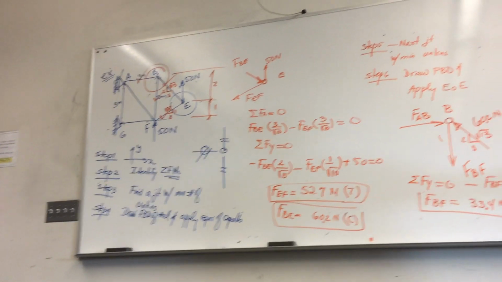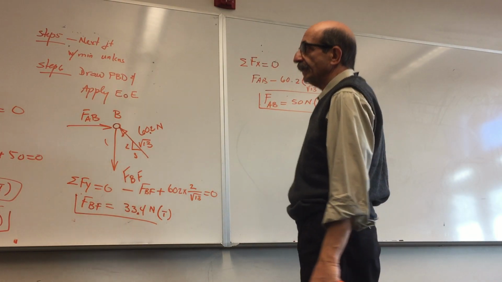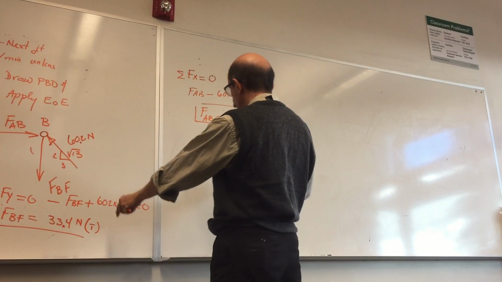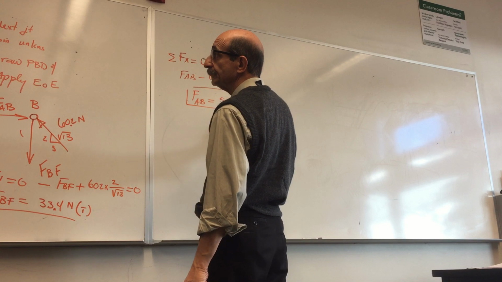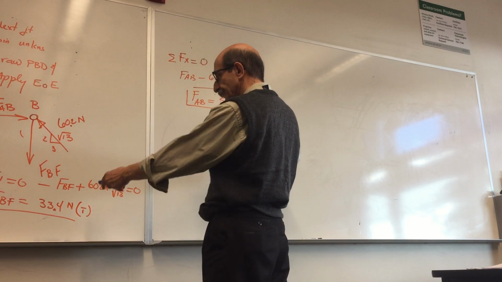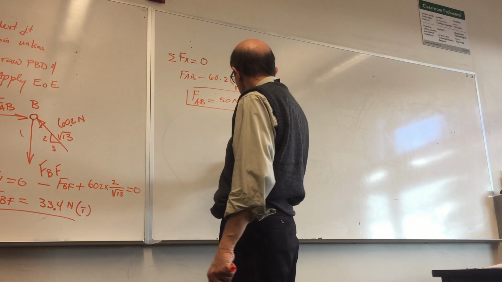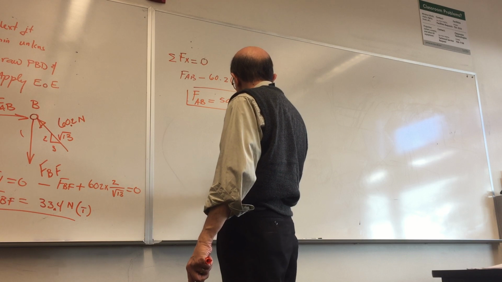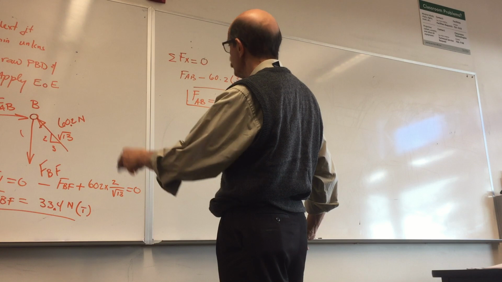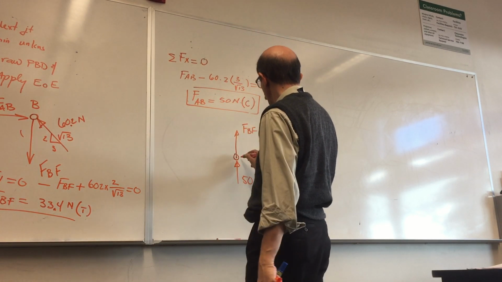So I'm going to draw the free body diagram of F. Okay? And BF, which is here, is tensile. So this is F of BF, which is 33.4. We have an applied load of 50 Newton here. We do have force of FE, which is tensile also.